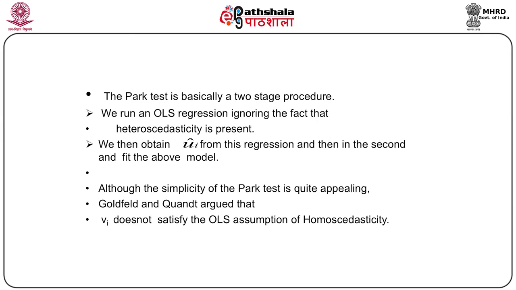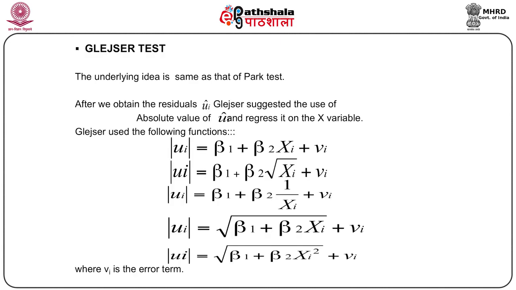Although the simplicity of the Park test is quite appealing, Goldfeld and Quandt have argued that the error term vi introduced in the regression model between the residuals and explanatory variable may not satisfy the ordinary least square assumptions of homoscedasticity. And hence, we will look at the second formal method of detection of heteroscedasticity.